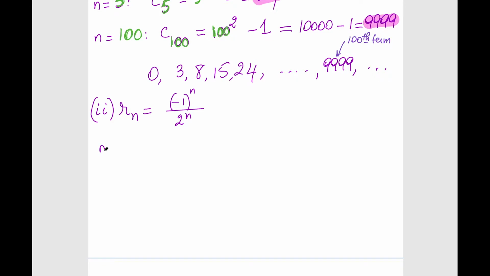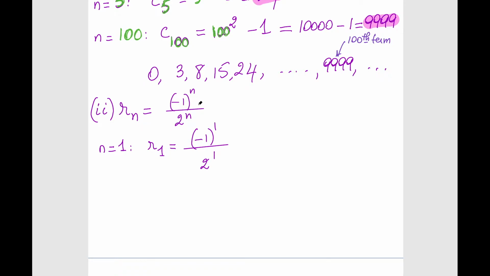So the first one, when n is 1, I'm not gonna color code it at this point because we understand how this thing goes. So when n is 1, it's gonna be r sub 1, that's the first term, right? R sub 1, and this is when n is 1, so minus 1 to power 1 upstairs divided by 2 to power 1, correct? So again, I'm following this recipe.